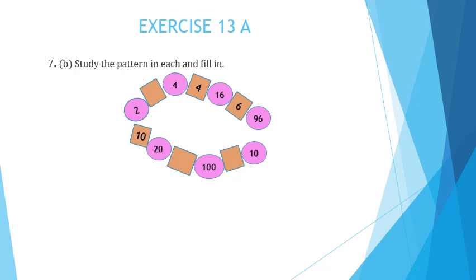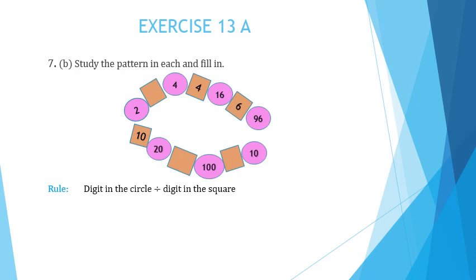So how are we going to fill these blank squares? After watching the pattern, we find out that the rule is: digit in the circle divided by digit in the square gives us the third number.